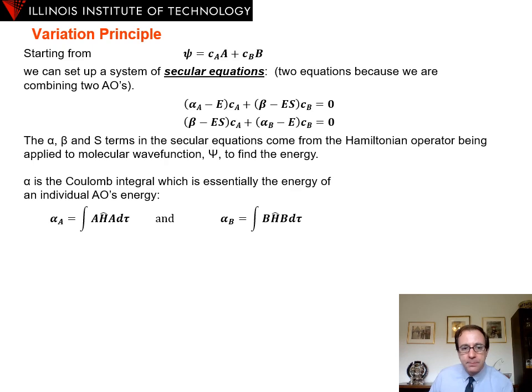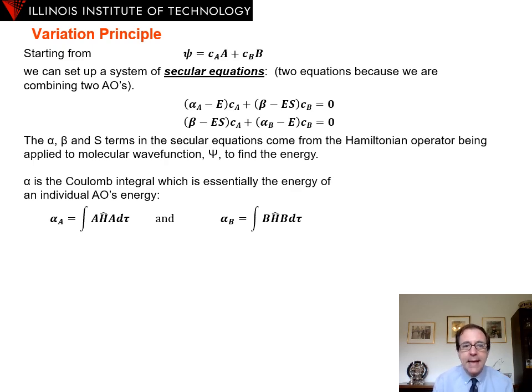That is to say, alpha sub A is the integral over all space of the wave function A times the Hamiltonian operating on the wave function A. So that's how we get the expectation value of the energy for the A orbital.